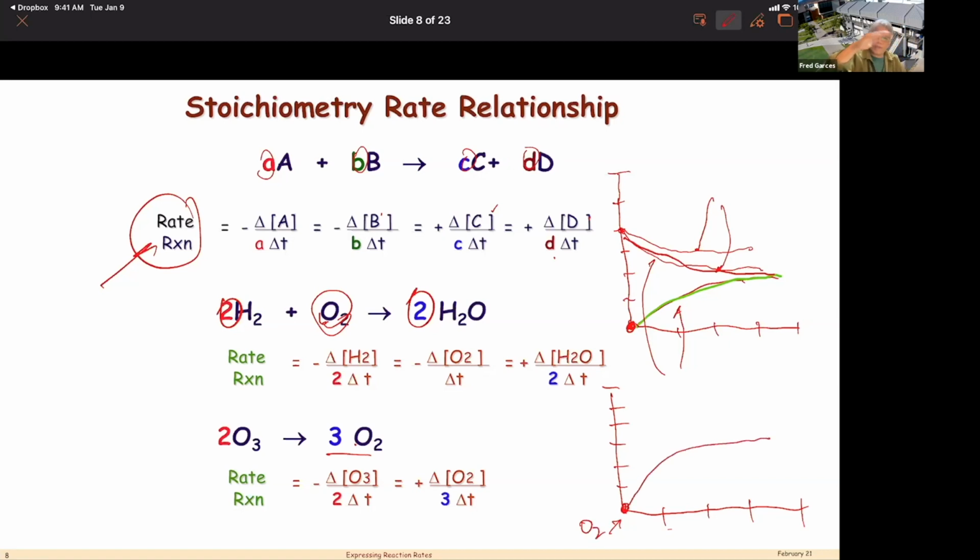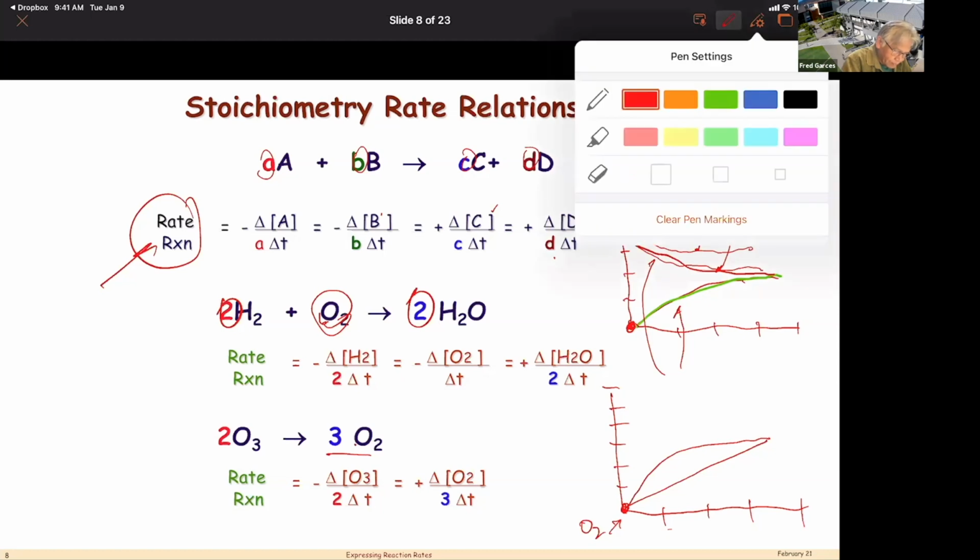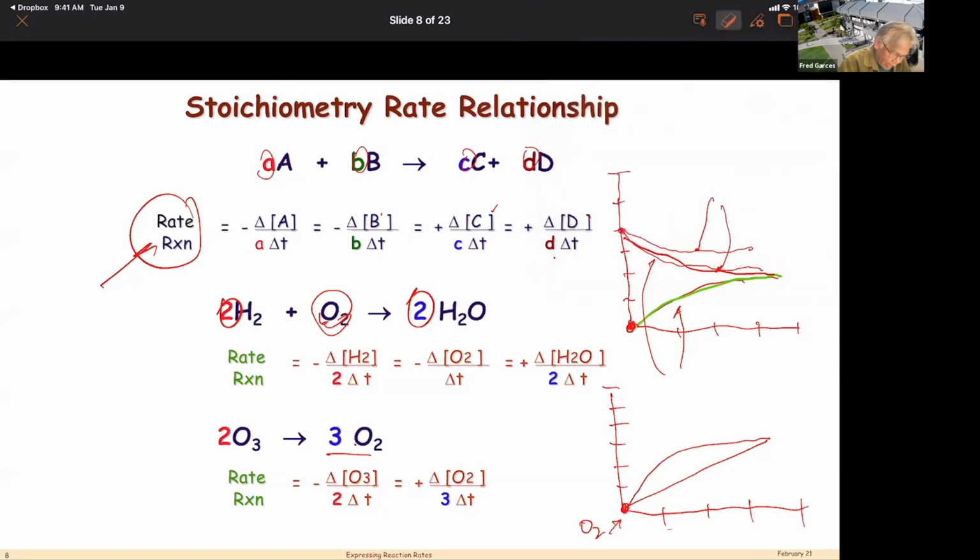And it's not a straight line, because if it's a straight line, it means that the rate is going to be constant over time. It's not. It's fast in the beginning and it slows down towards the end. Fast in the beginning, slows down at the end.